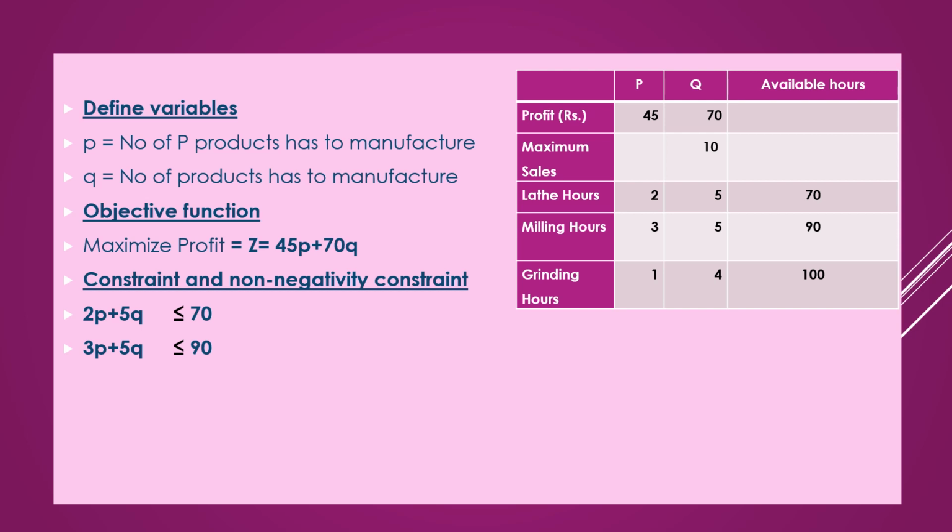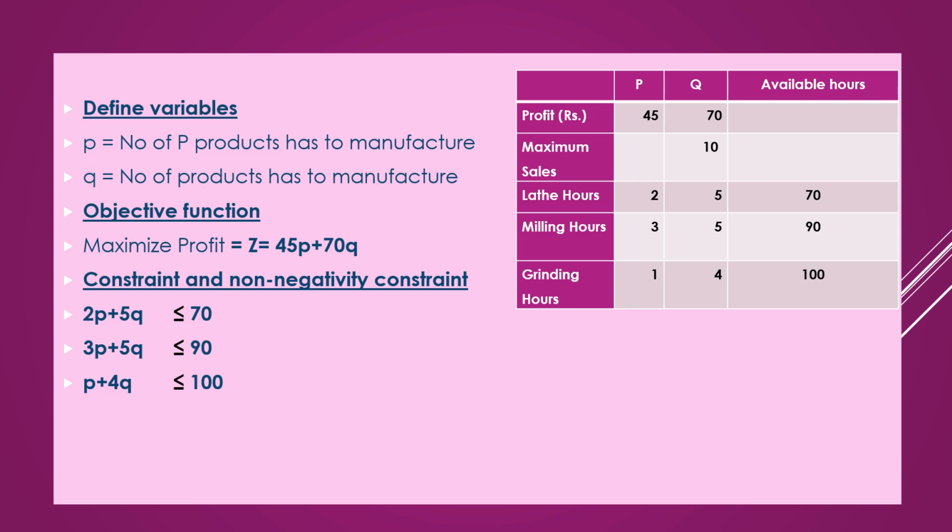And the third one is grinding. Each unit of P needs 1 hour and each unit of Q needs 4 hours. And we can derive it as P plus 4Q, but it should not exceed 100. Why? There's a restriction which is clearly mentioned in the question.